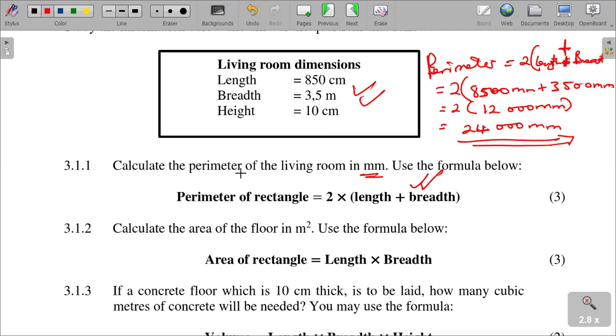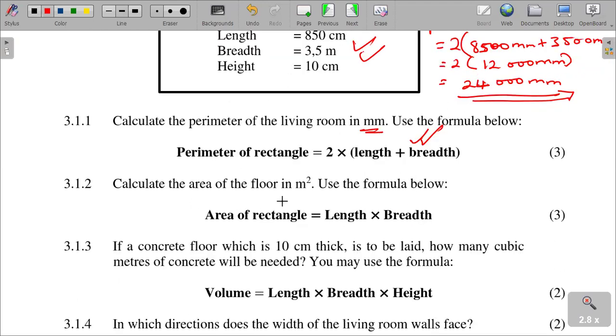So we go calculate the area. Next, you calculate the area of the floor in square meters. Use the formula below. So area of floor is equals to length times breadth.